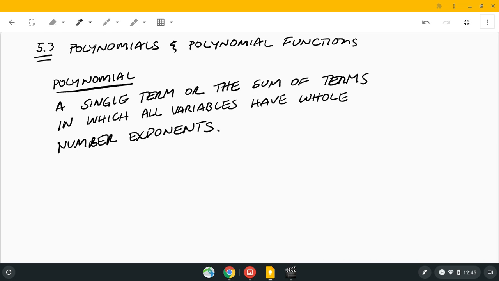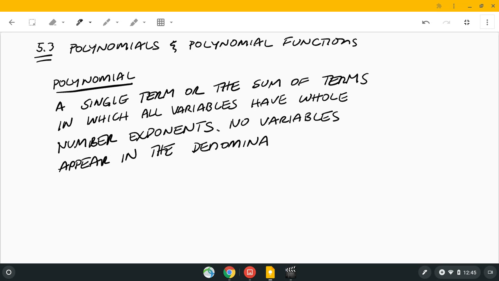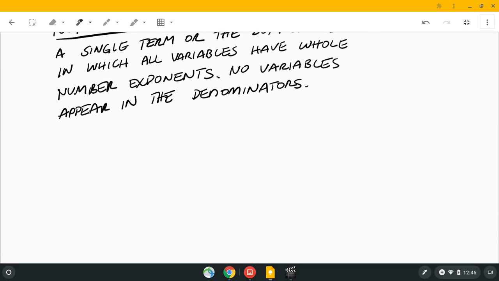And also, no variables appear in the denominator, because then we're dealing with rational functions, not polynomials. Okay, so let's take a look.